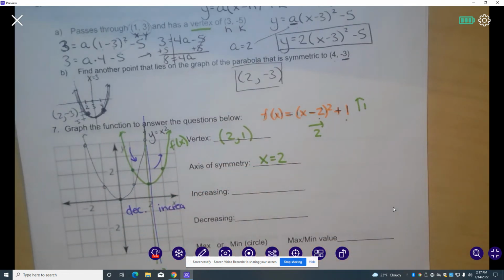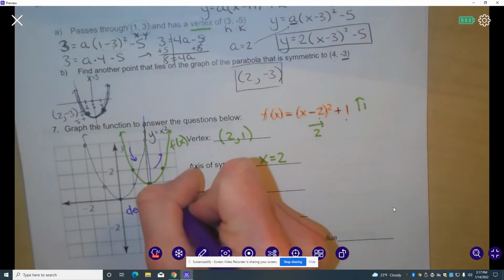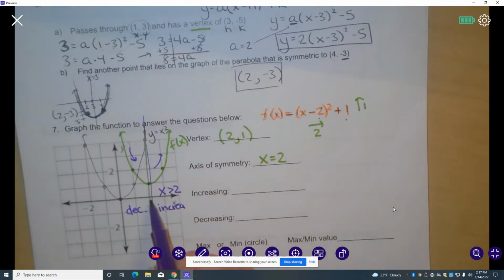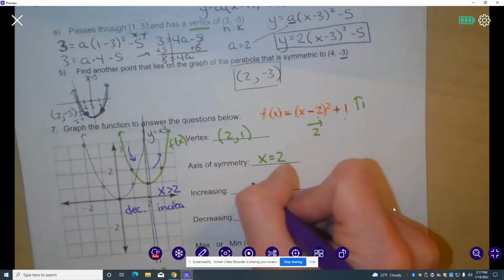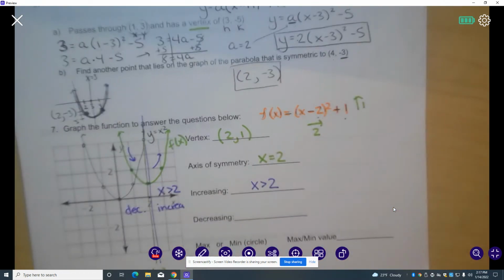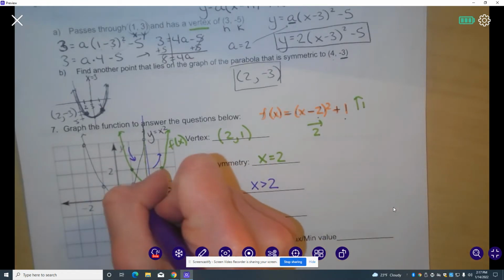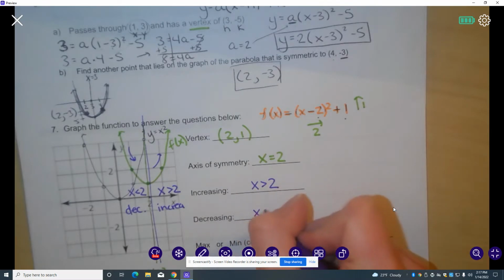So we want to just state what x values it's increasing and decreasing for. So my function is increasing on the right. So these are values of x that are greater than 2. And it's decreasing on the left side of the axis of symmetry. These are x values that are less than 2.